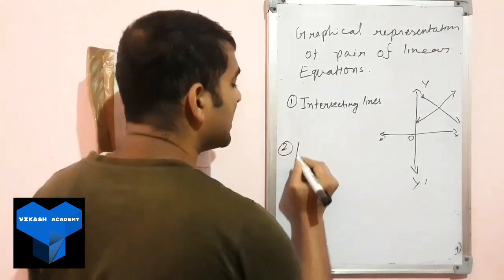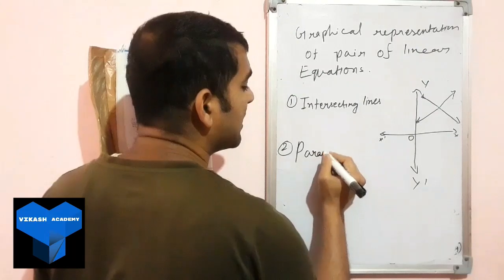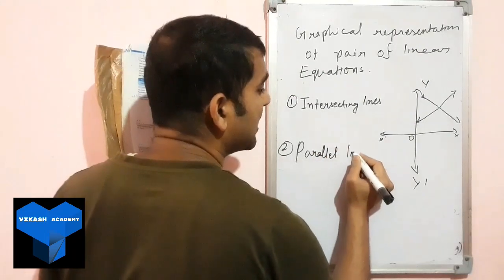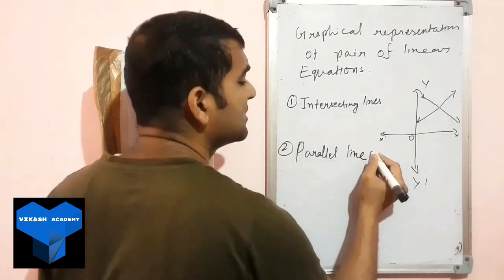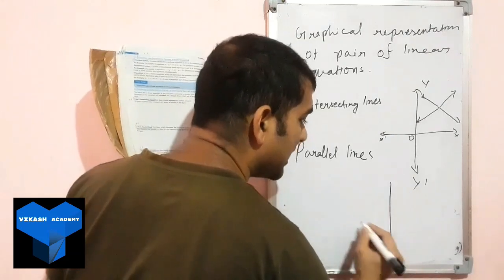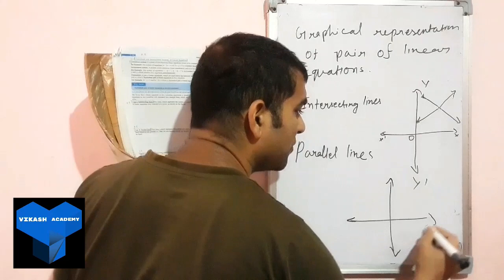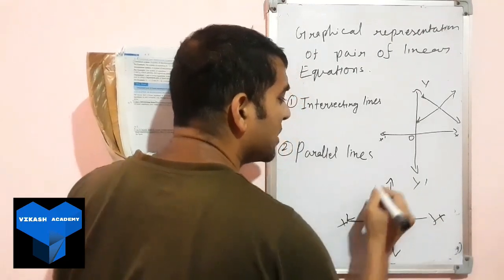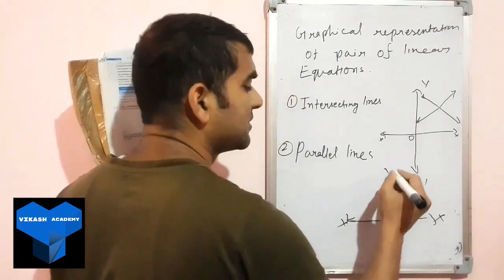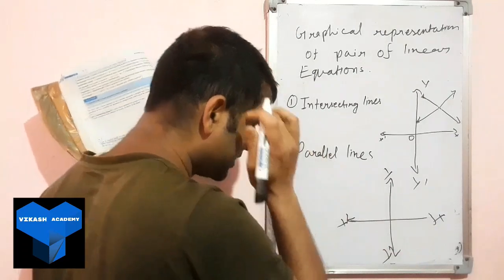Now we will go to the next one. We have parallel lines. When will we call it a parallel line? Suppose this is our Cartesian system, which you already know, with x dash, y dash, and the origin.